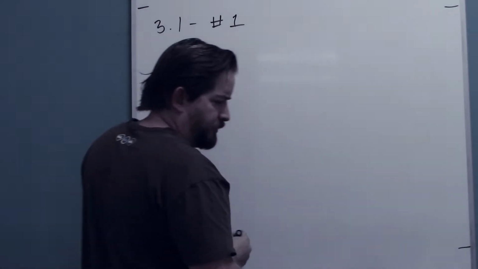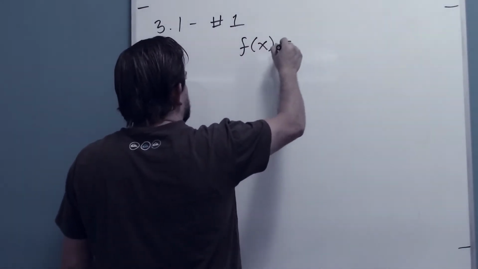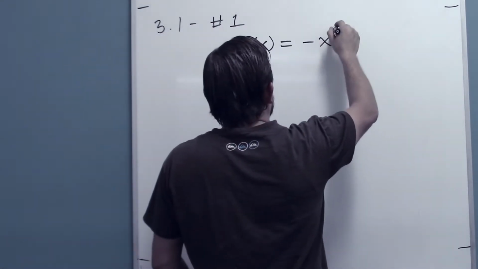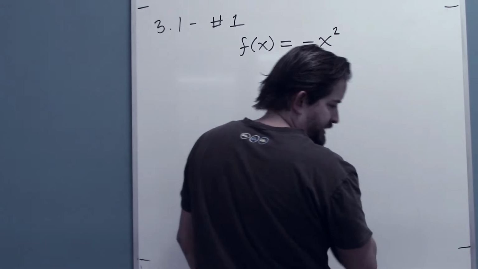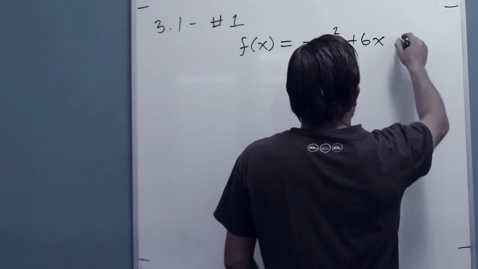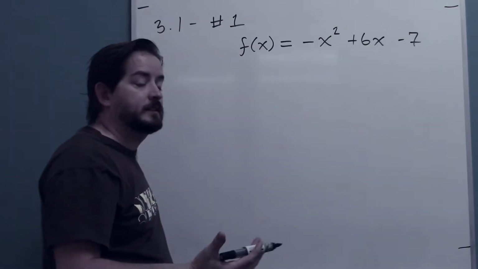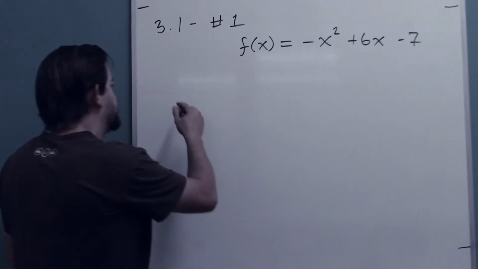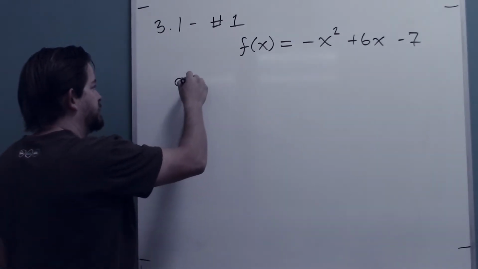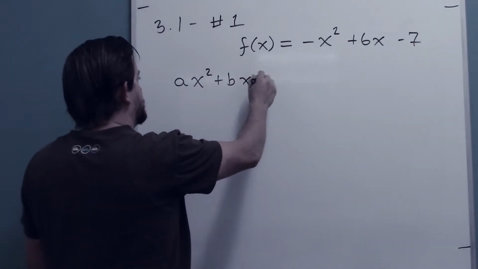Number one, we have a function f of x equals negative x squared plus 6x minus 7. And we're asked a couple of things here. The vertex is the very first thing that they asked for. So remember that a function that looks like this is ax squared plus bx plus c.